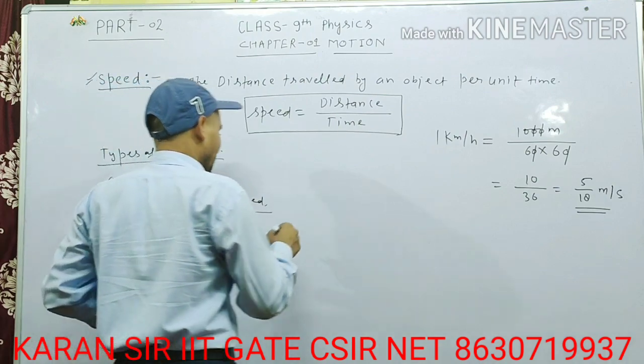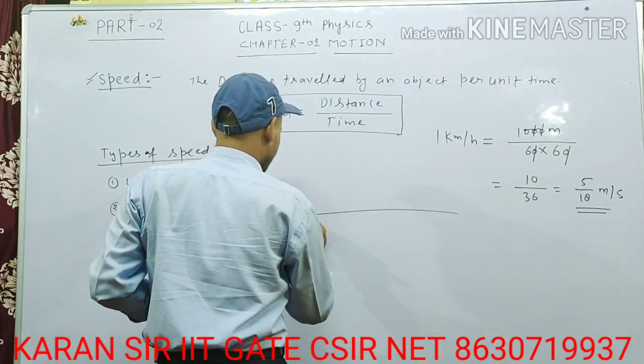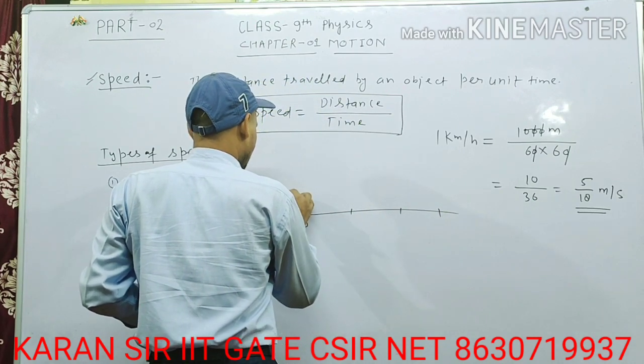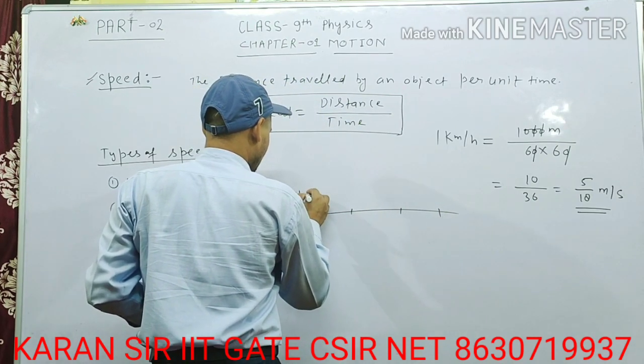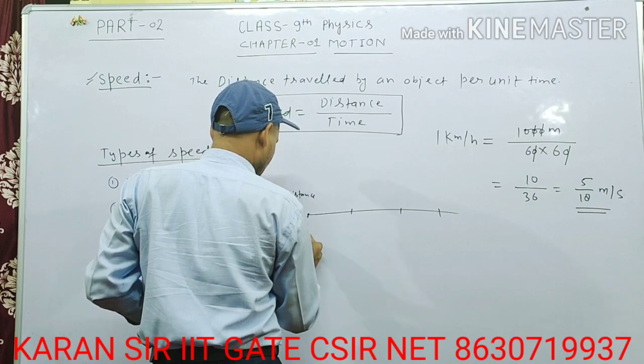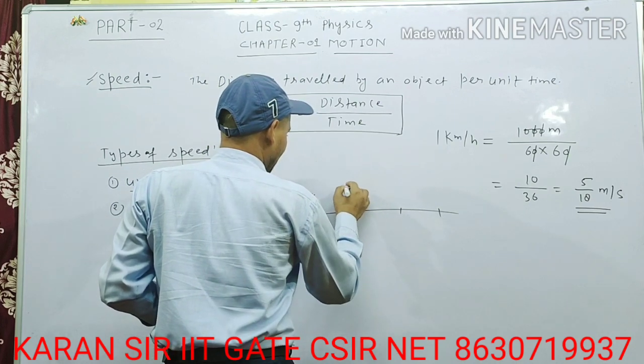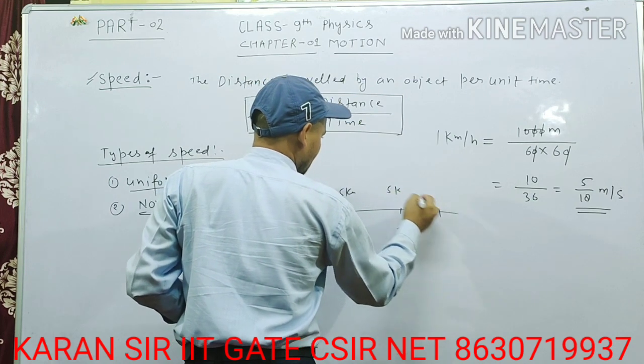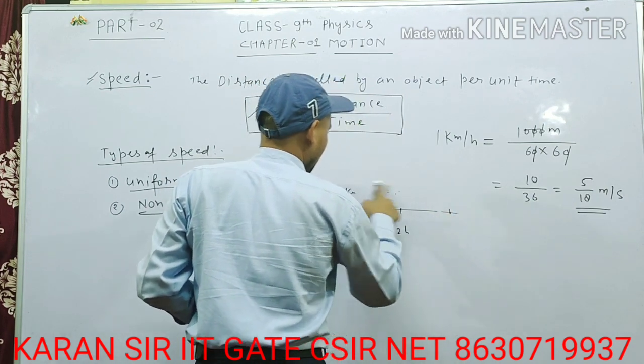Let's take an example. Suppose that an object starts to move from here. Here is the distance covered and here is the time taken. In 1 hour he covers 5 kilometers. In 2 hours he covers 10 kilometers.